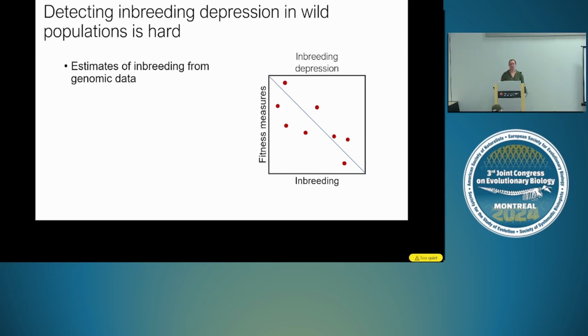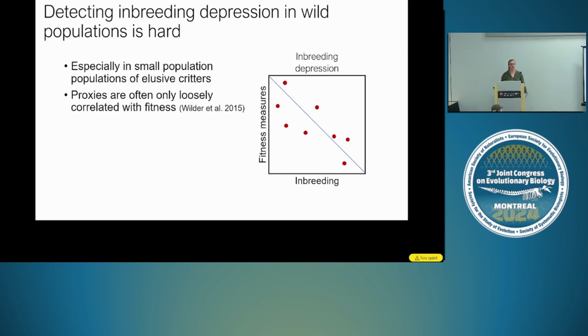And while we can get pretty good estimates of inbreeding from genomic data, estimating fitness is still really difficult. This is especially true in small populations of creatures with low encounter probabilities, which are often the populations that we care about from a conservation and management perspective. Additionally, a lot of proxies for fitness are only loosely correlated with true fitness, which makes detecting inbreeding depression even more difficult, even if it is actually present in your population.